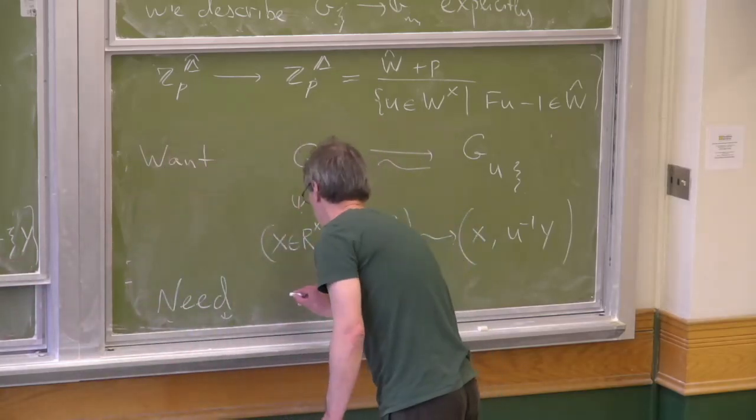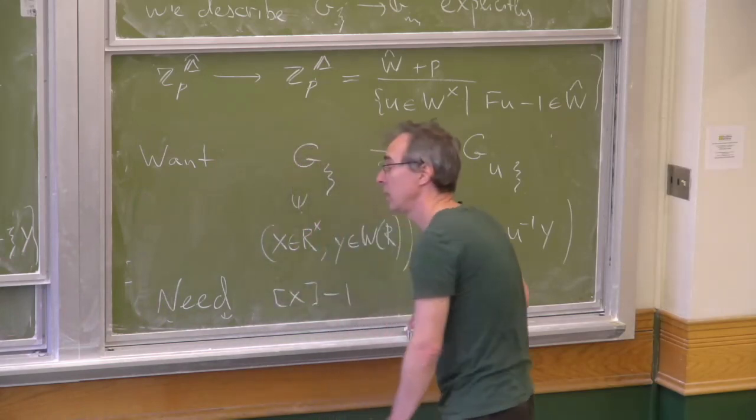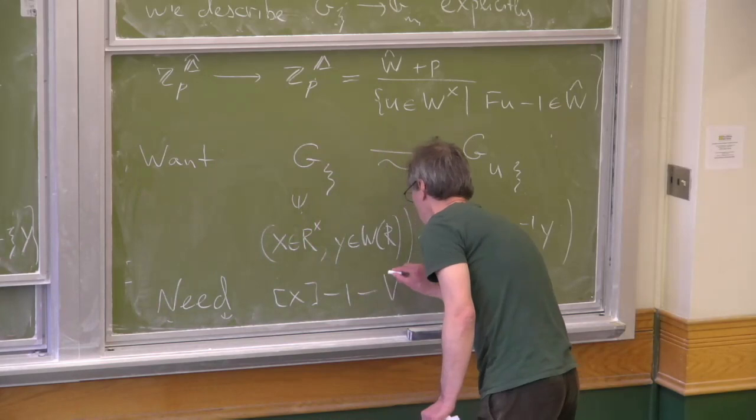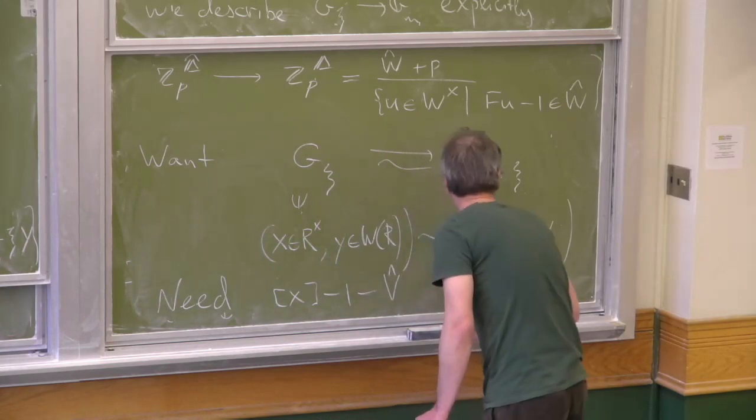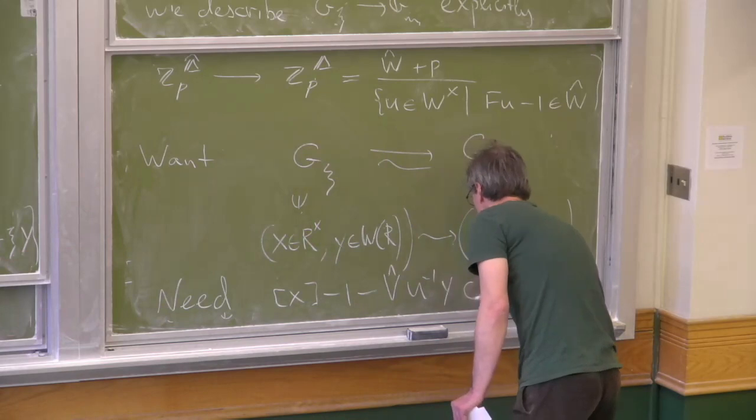That means that X minus 1 minus, we check U, or we had U inverse minus 1 is still in W hat.